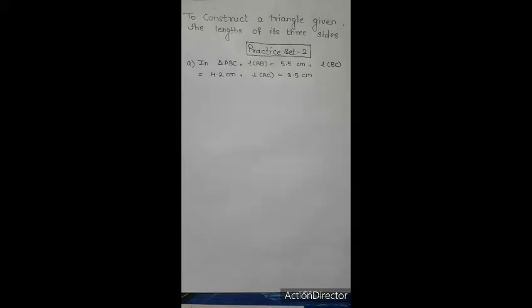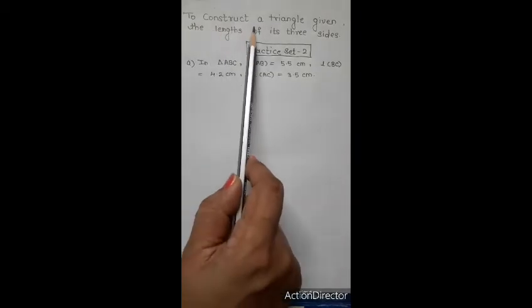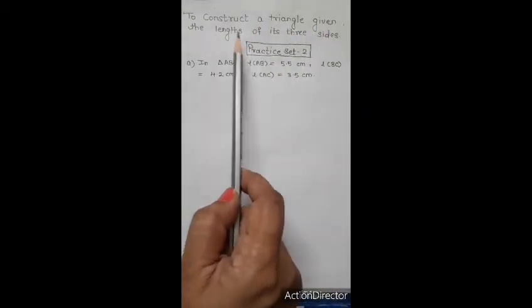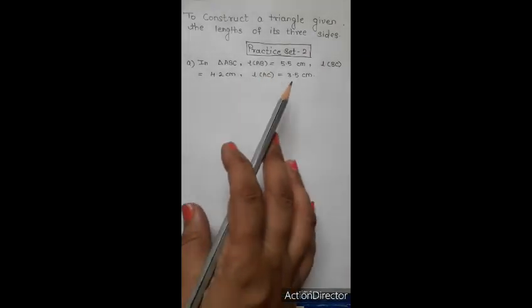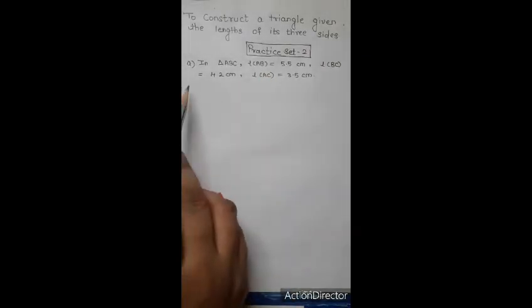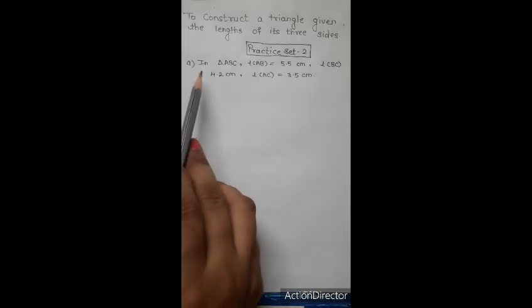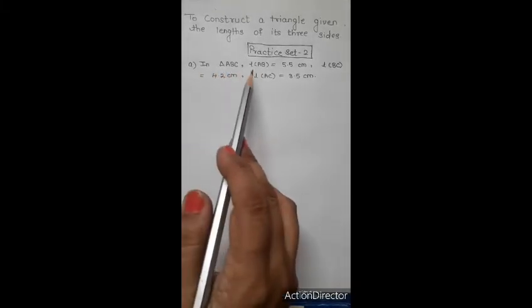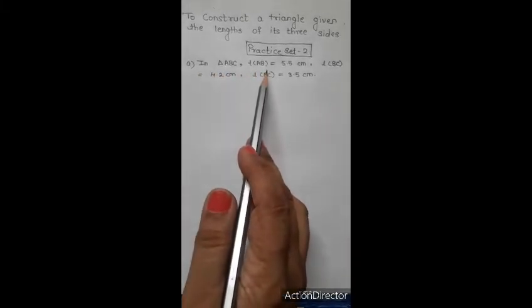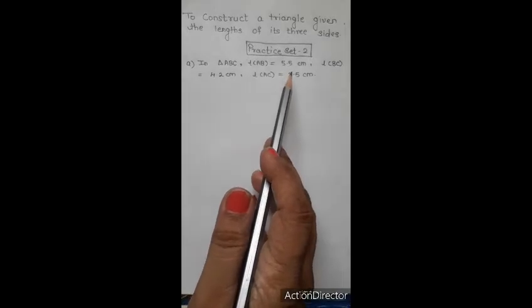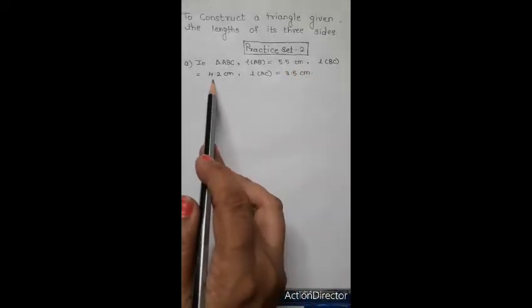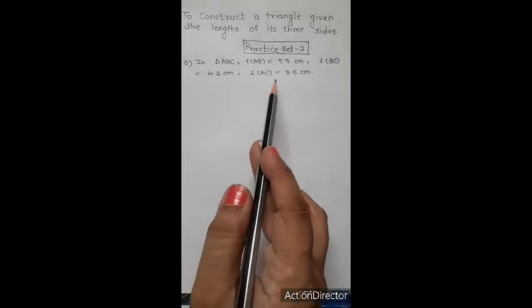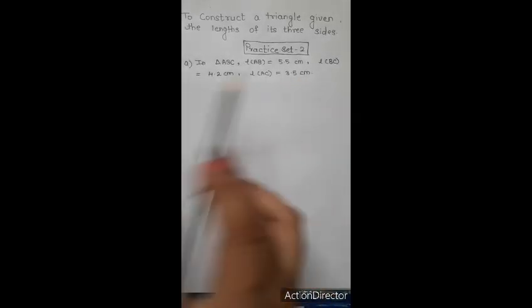The very first construction that we are going to see is to construct a triangle given the lengths of its 3 sides. In practice set 2, the very first question is to draw a triangle ABC where length AB is equal to 5.5 cm, length BC is equal to 4.2 cm and length AC is equal to 3.5 cm.